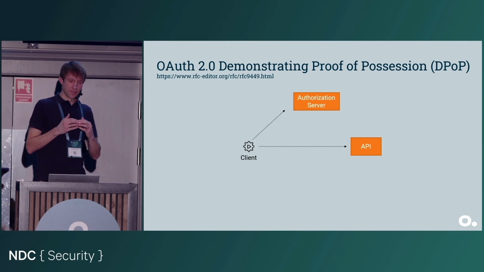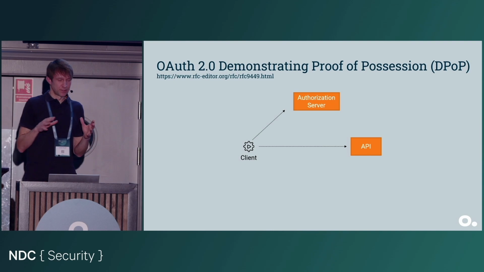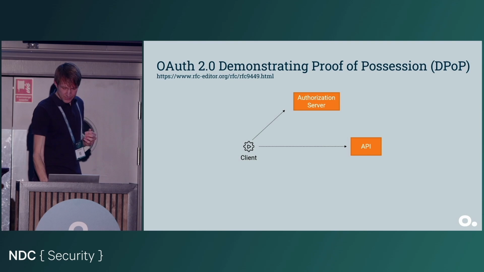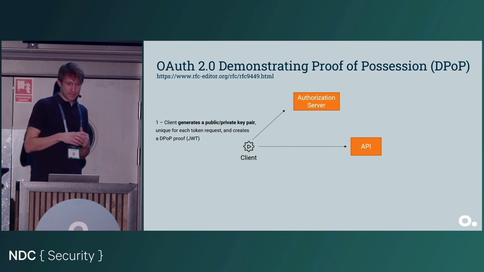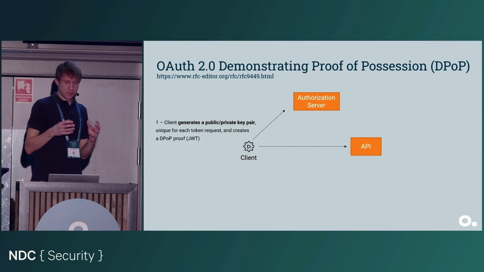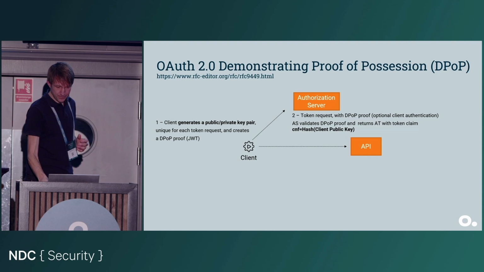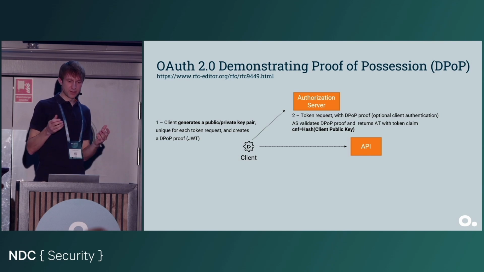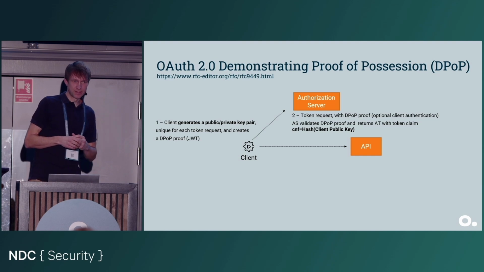But since we don't do it in the transport layer, we need to do more work. We do it in the application layer. This means that the client generates a public-private key pair, and then it creates a JWT, and within that JWT, it ties that to the token request. The authorization server will validate that and then embed the hash of the client's public key in the same claim as in the mutual TLS flow.